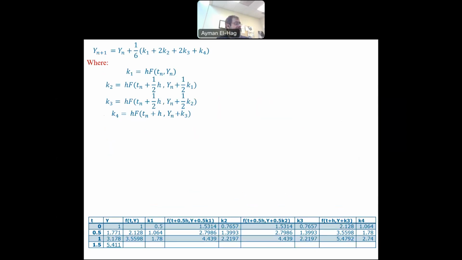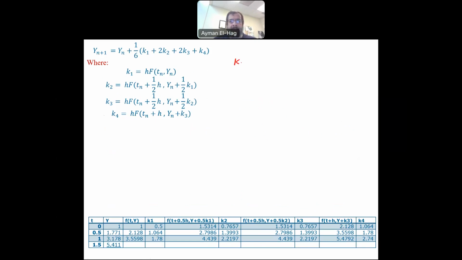Now let's go to the third technique, which is basically the Runge-Kutta. Now here, this is the formula for that. This is the formula for the Runge-Kutta. So we need to find K1, K2, K3, and K4.